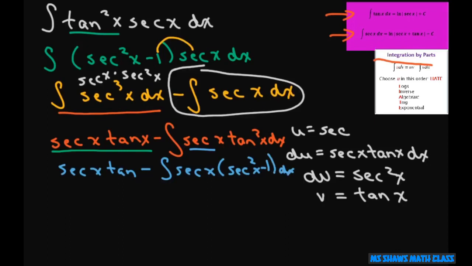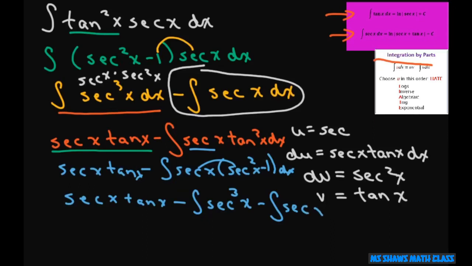So I'm going to break this up, and I'm going to get secant x tan x minus, and when you distribute that, you're going to get the integral of secant cubed x minus the integral of secant x dx.